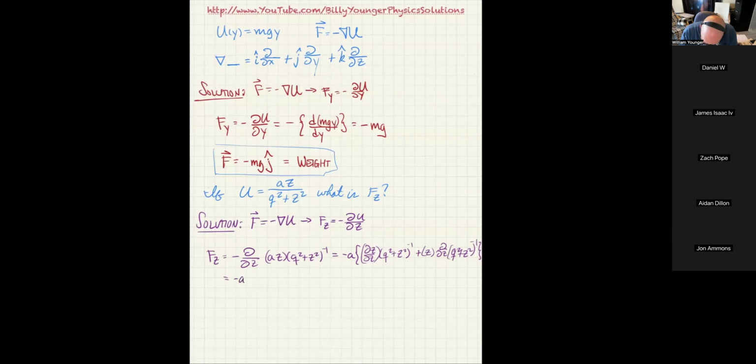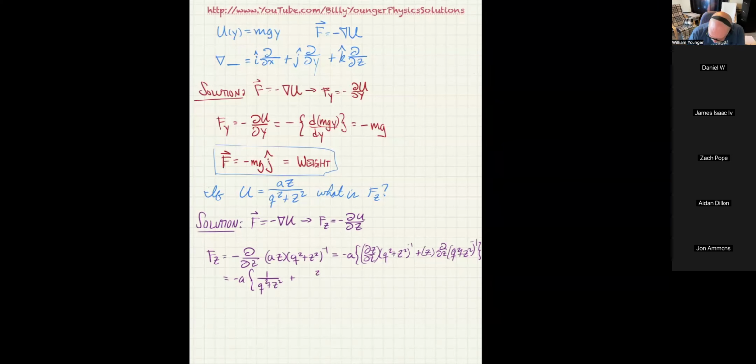But here's a negative a. This first term is just going to become 1 over q squared plus z squared. This other term over here is going to turn out to be z for starters. We're going to take the derivative of q squared plus z squared to the negative 1.